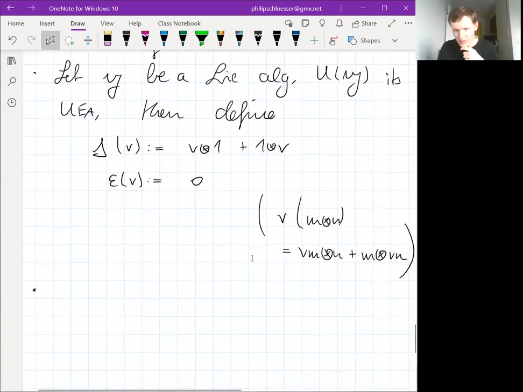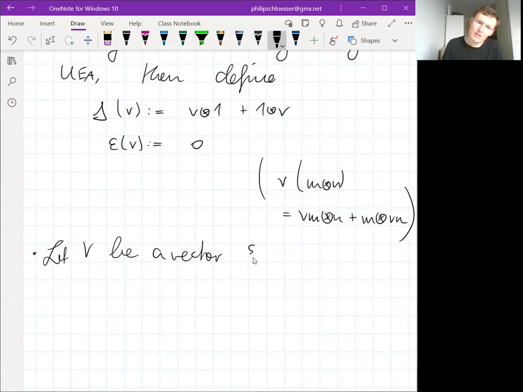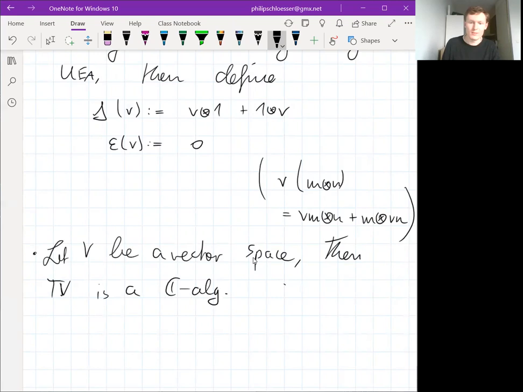Yeah, and I guess we can also do a more general thing. Let V be a vector space. Then we've seen that the tensor algebra is a ring, it's a C algebra. And I guess the tensor product of TV with itself is just TV itself.